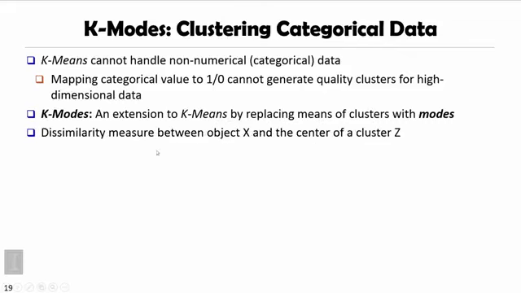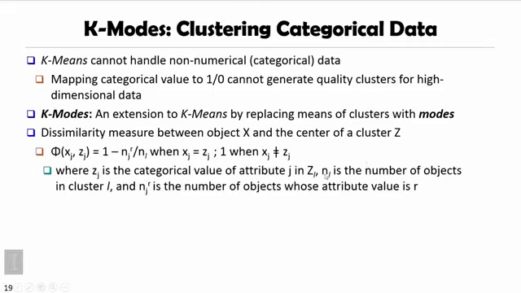The dissimilarity measure between object X and the center of a cluster Z is written as follows. This is the dissimilarity, or we can say distance measure, distance function. For the j-th field of object X, that means X sub j, and the j-th field of the cluster center Z, what's the distance?